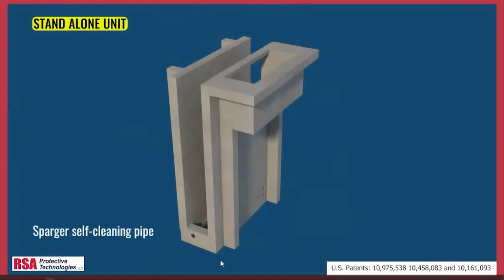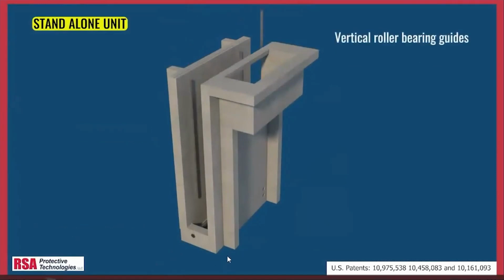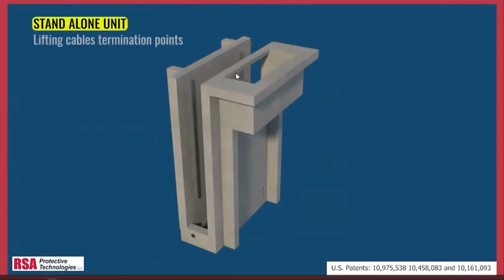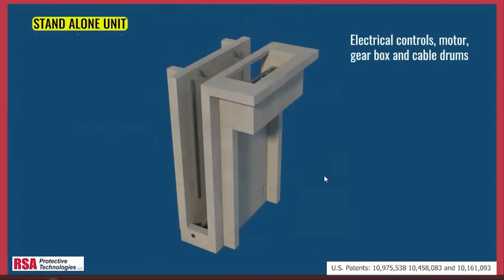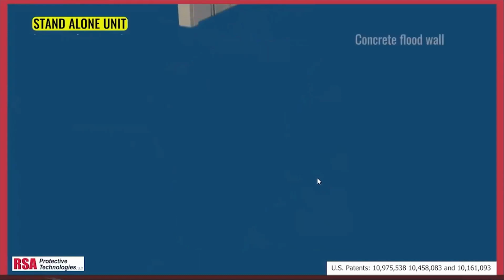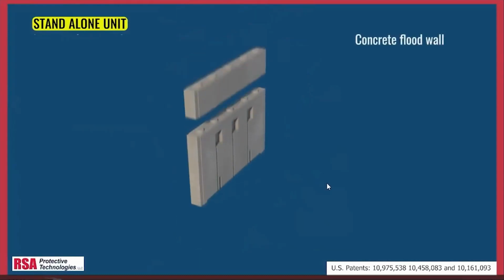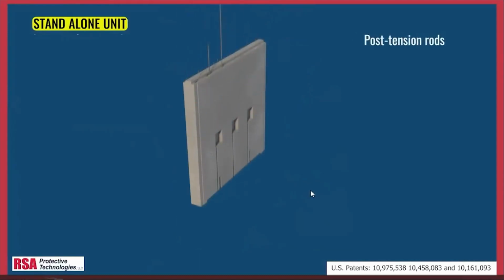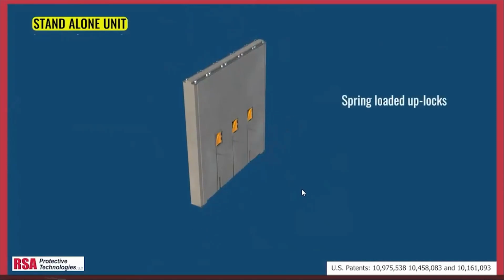This is showing the assembly of the foundation. So we're putting in the vertical guides, the lifting points, the winch motor. Here's the cables and the seals. The same thing with the wall itself. This is showing the stacked version with the tension rods, and spring-loaded up blocks.